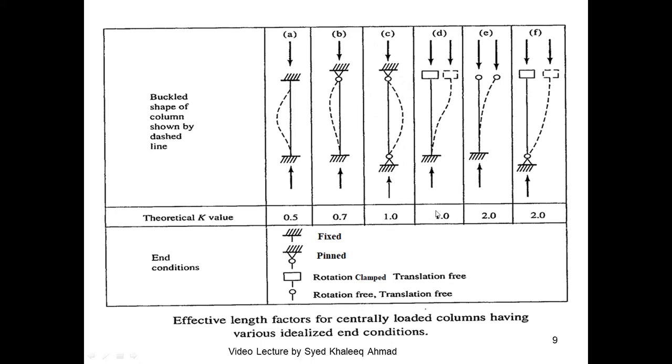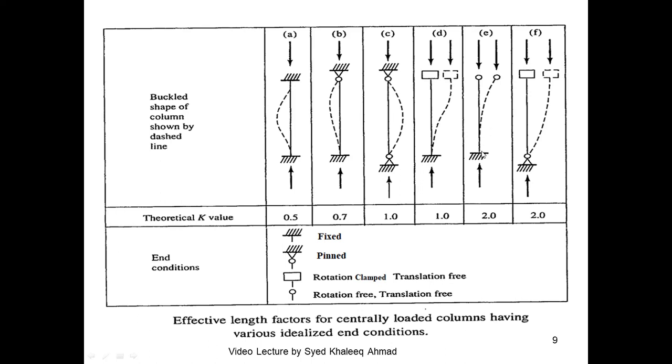In the next case, one end is fixed and the other is such that the column can move in the horizontal direction, but the rotation is not possible, meaning the slope at this end will remain 0.